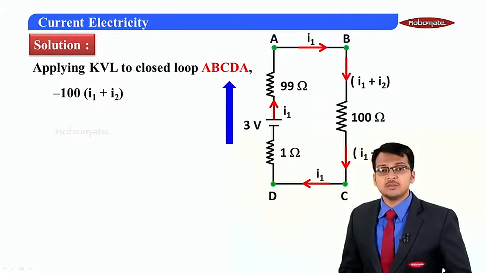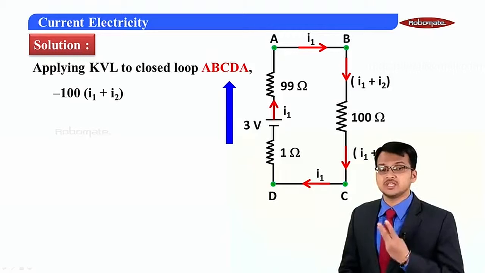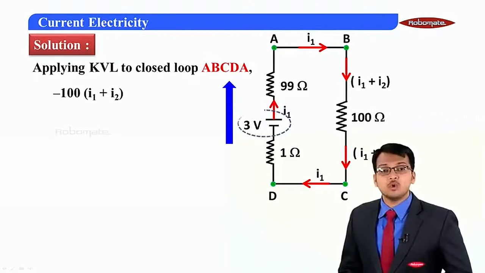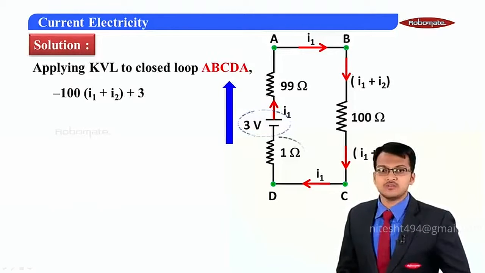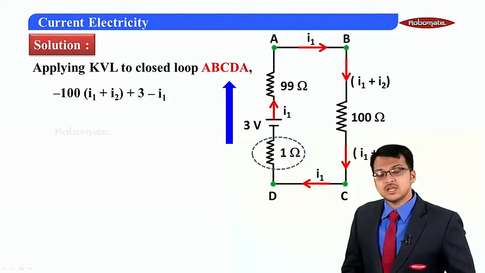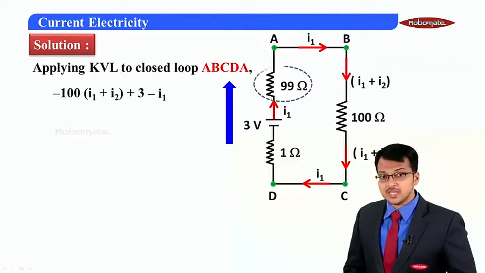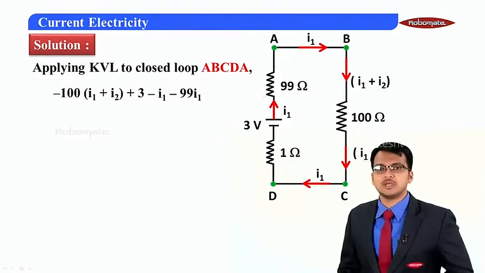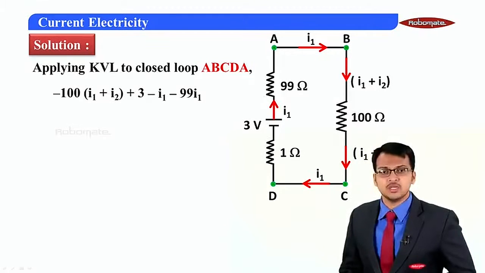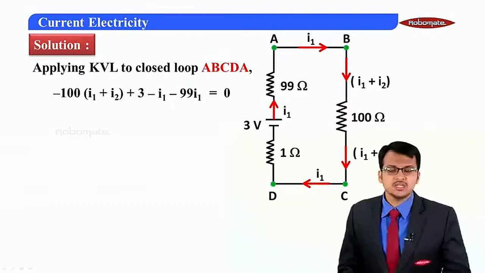But do I have anything in branch DA? Yes, I have three things. One is the 3 volts potential from minus to plus, so it is taken as positive. The 1 ohm resistance is in the direction of tracing, so it is minus I1, and the 99 ohm resistance is in the direction of tracing, so it is minus 99 I1.